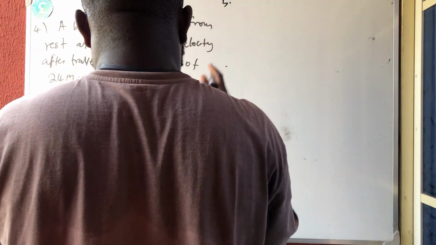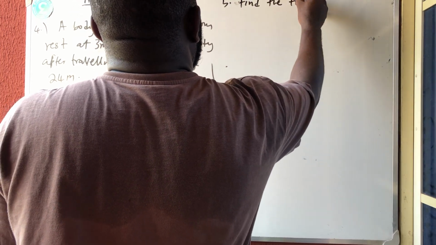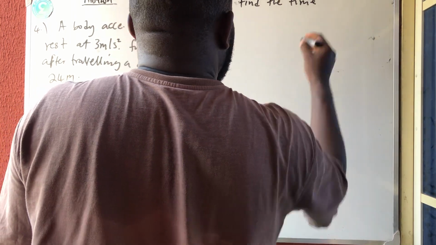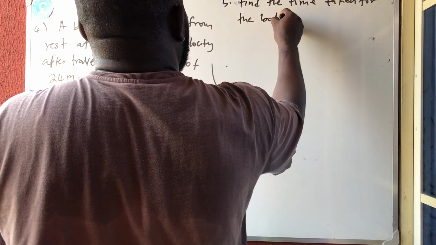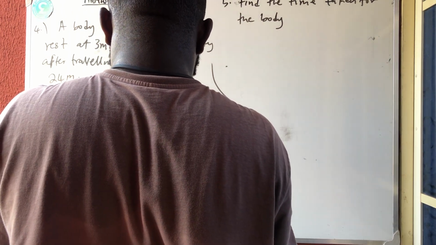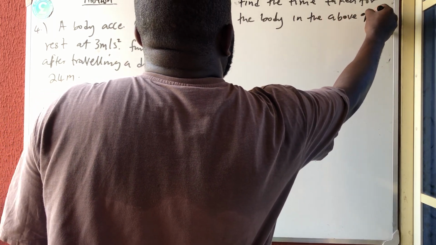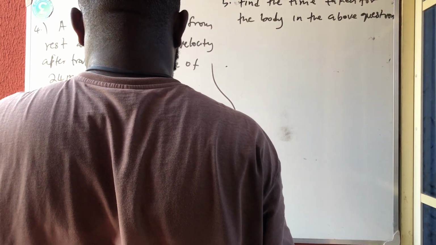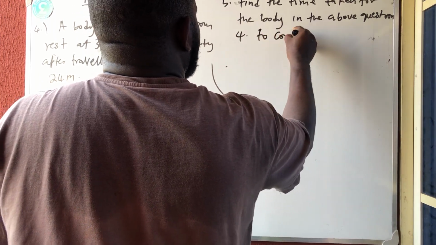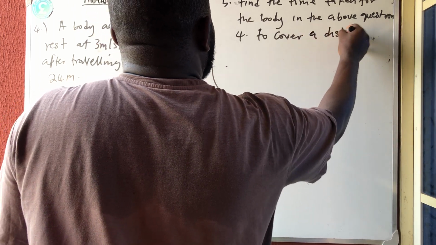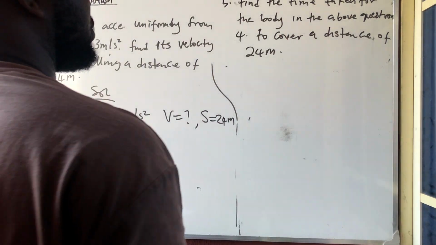Number 5 says find the time taken for the body in the above question, okay, question number 4, to cover a distance of 24 meters. Okay, so from this same question they are now asking us to find the time.